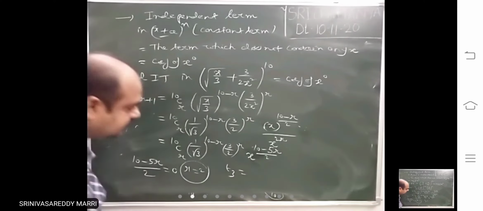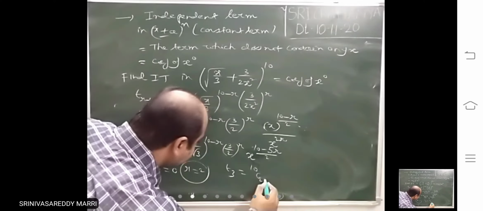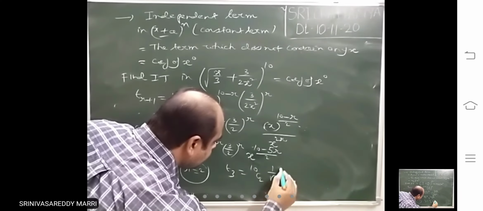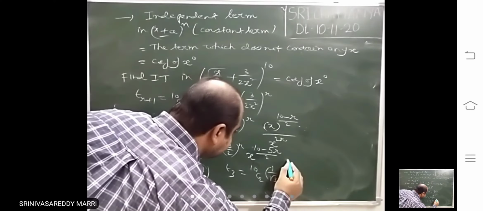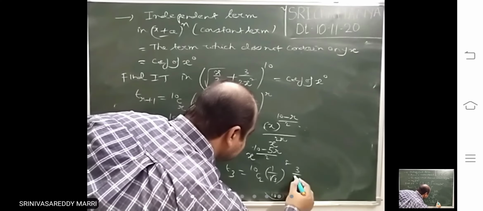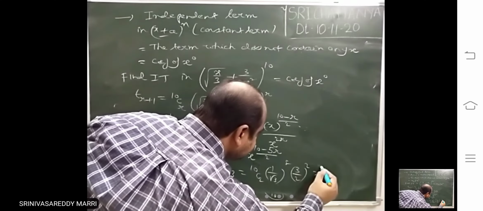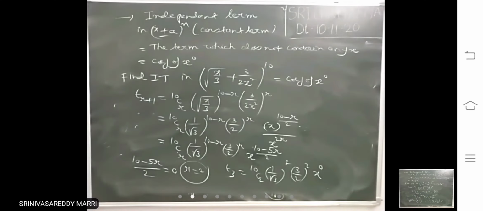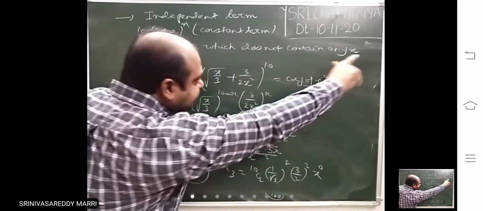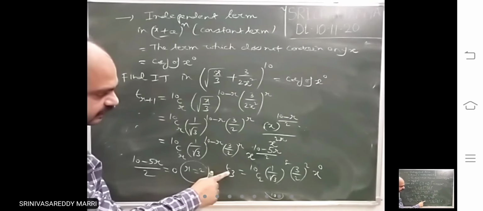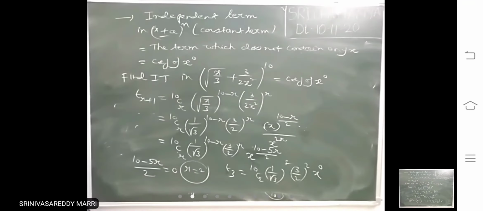Therefore T3 equals, R equal to 2 in this. So 1 by root 3 into, R equal to 2 means 8 you will get here. 3 by 2 whole square into x power 0 if you substitute here. That means in this expansion, the third term will contain only a constant, that means the coefficient of x power 0.